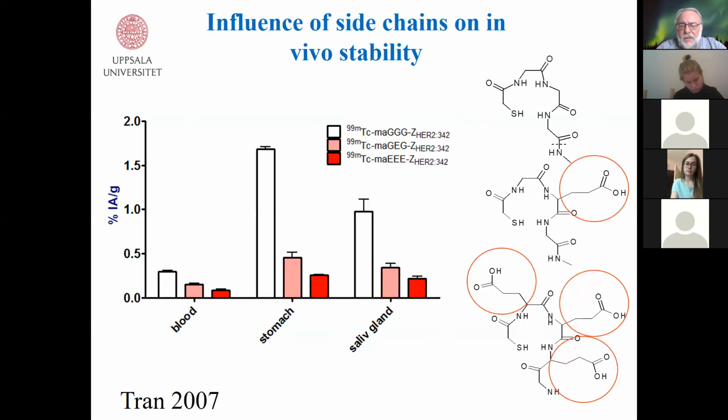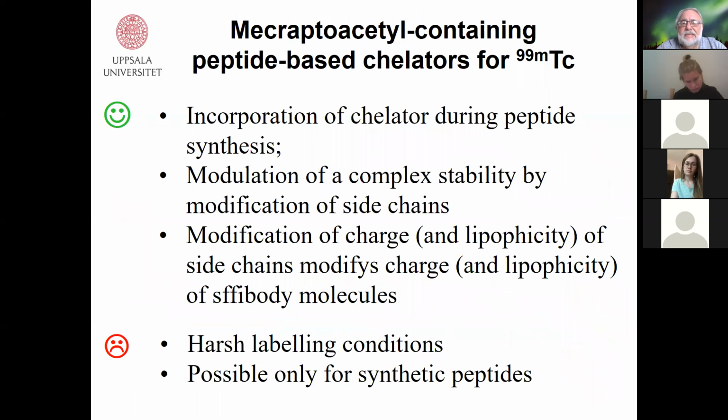So we can stabilize our complexes and we can modify the biodistribution profile by selecting the right amino acids.